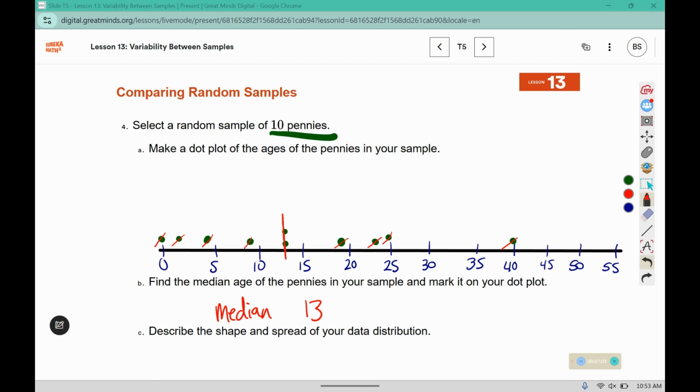Describe the shape and spread of your data distribution. Well, my shape here is nearly symmetric. It's a little more spread out on the right side, but it is almost symmetric.